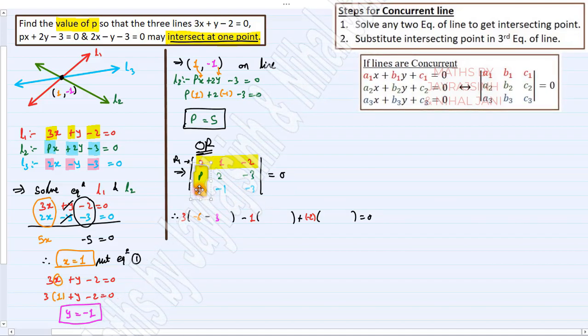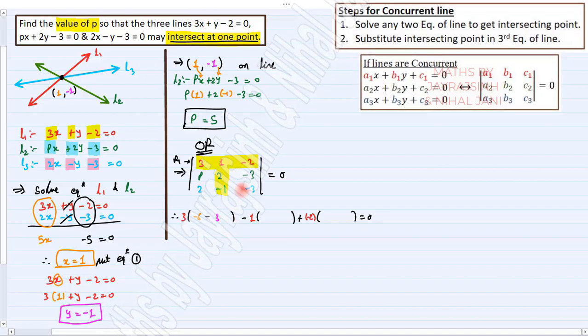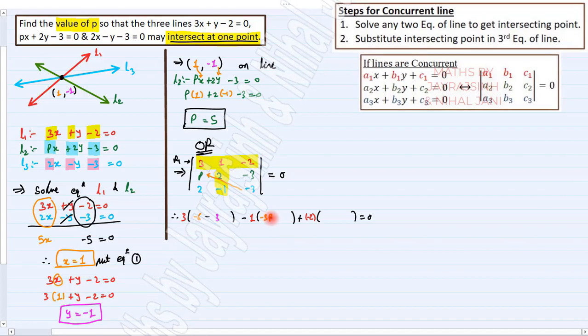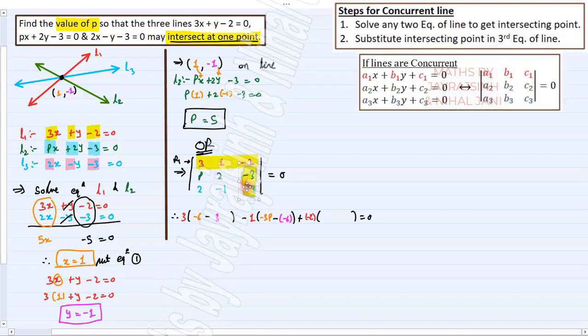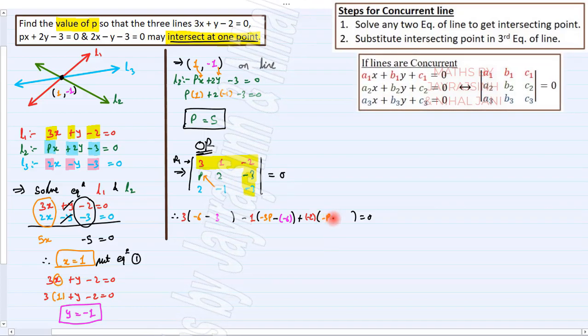Now for the next one, you have to ignore the first row and second column and then cross multiply. Minus 3 into P will be minus 3P, minus 2 into minus 3 will be minus 6, and the last will be minus 1 P's are minus P, minus 2 twos are 4.